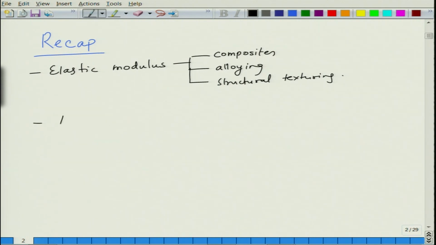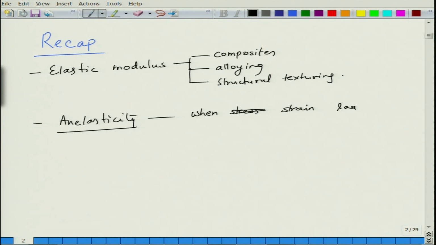And then we moved into the principles of anelasticity. Anelasticity we defined as when strain lags behind the stress, that is, strain does not develop instantaneously.